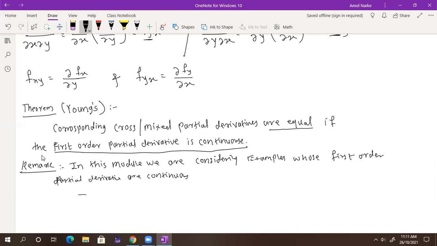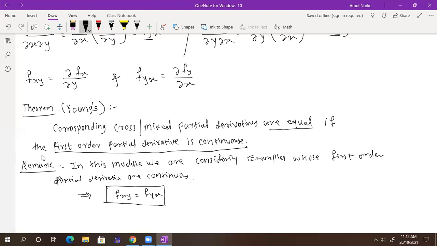So in this module, what happened? f_xy is equal to f_yx, because we are considering first order partial derivatives to be continuous. We are not going to explain what is meant by continuous or how to check whether it is continuous or not. We are going to assume that.